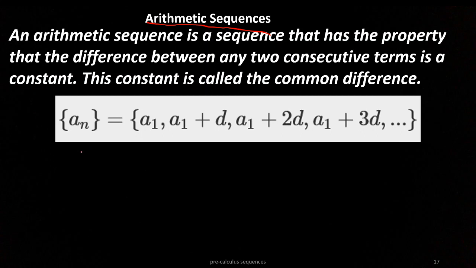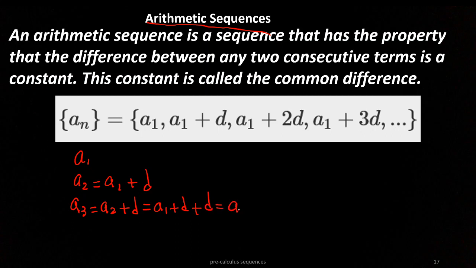Now notice that another way to write this is, you see, A1 is given, but A2 is what? A2 is A1 plus D, and A3 is A2 plus D, but we know A2 is A1 plus D, right? And then plus another D. So that's A1 plus 2D.